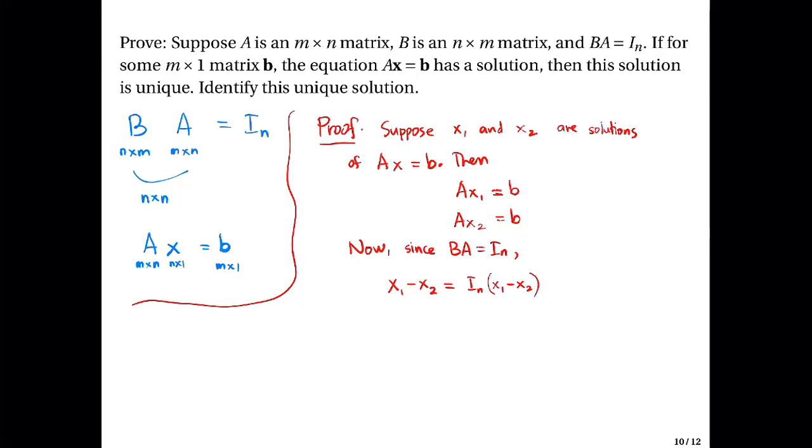But your I sub n, that's your BA. So you can replace the I sub n by BA. X sub 1 minus x sub 2 in here. And then we can distribute the A over this difference. So this will be equal to B times AX1 minus AX2.